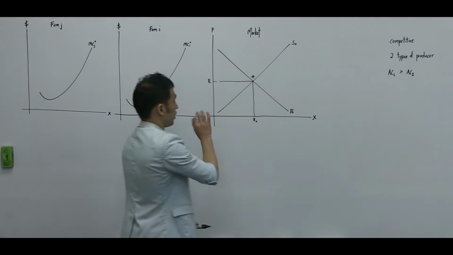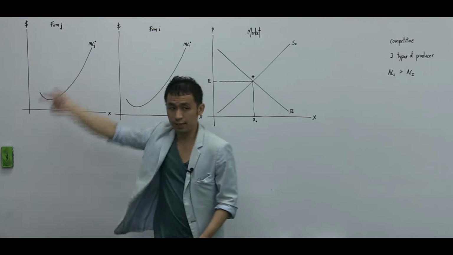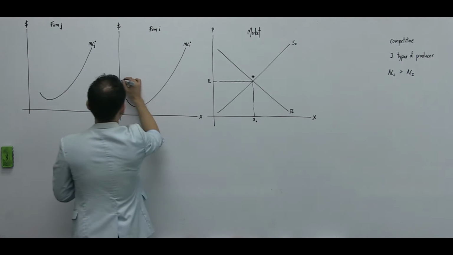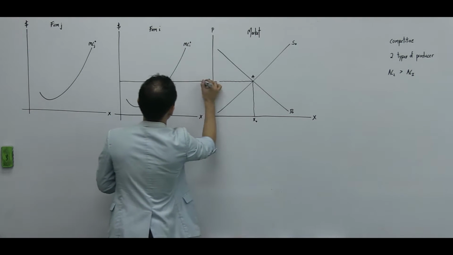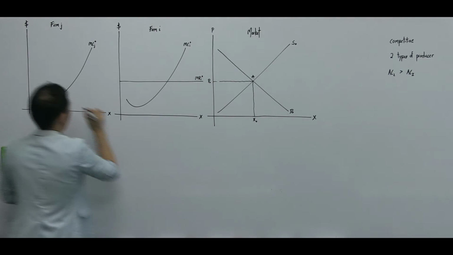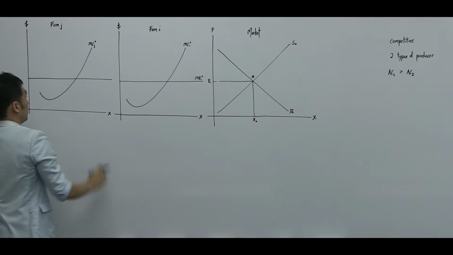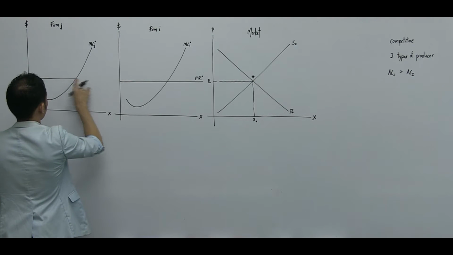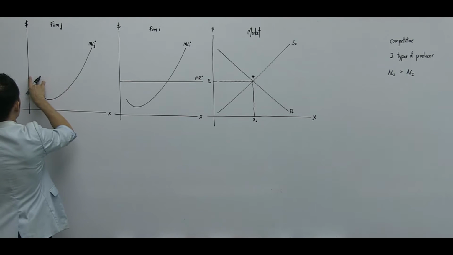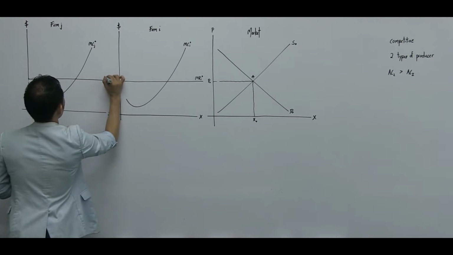Again, once you have your market price ticker PC, you extend it to the left, right? Over here, extend it to the left. With the PC, you can have your MR curve. So I extend it to the left, MRIO, and my MRJO. Okay.